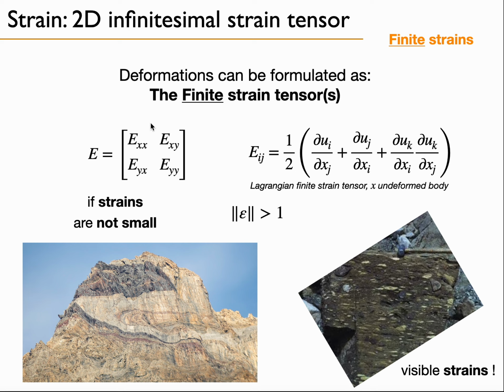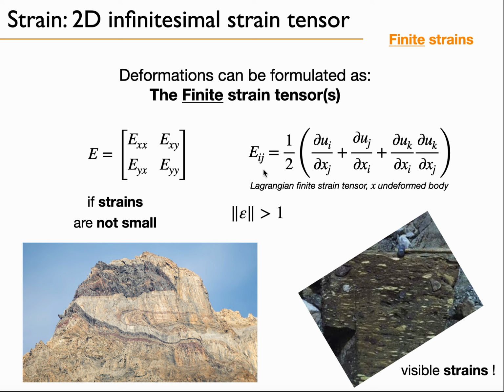It also is formulated as a matrix here, but you see that the components of the tensor include a nonlinear term. So we have this initial term, which is the same one as the infinitesimal strain tensor, but there is an additional nonlinear term where a product of partial derivatives occurs.